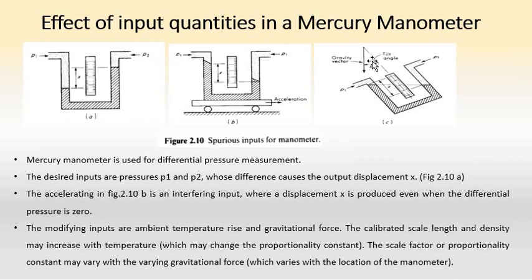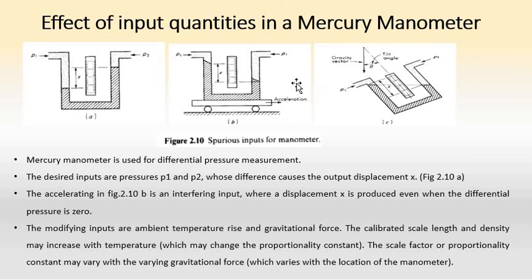Due to this tilt, the levels of mercury vary, and the calibration scale reads a particular value X, which is the error. So here the tilt angle is the interfering input, and in the earlier case, acceleration is the interfering input.